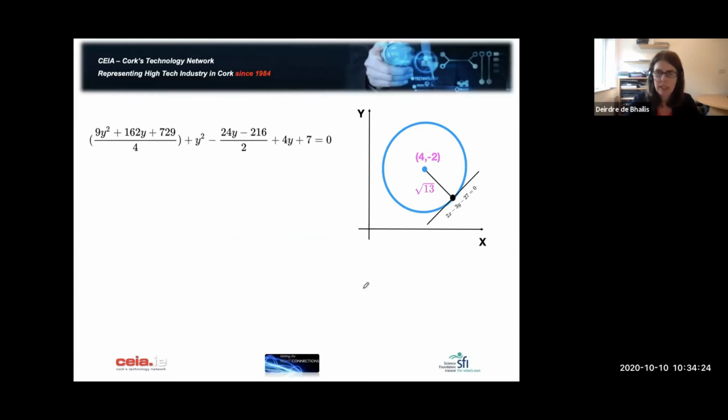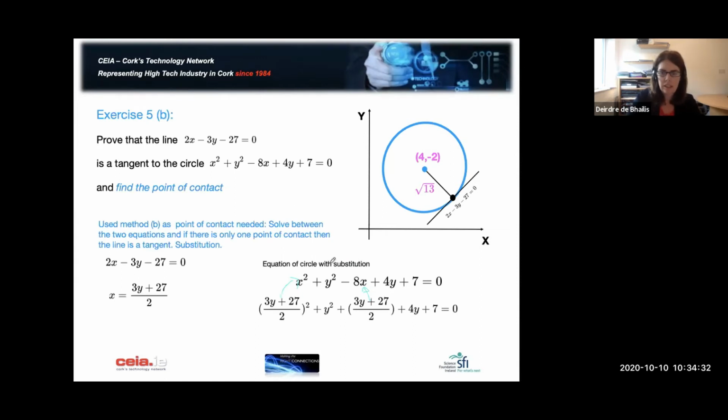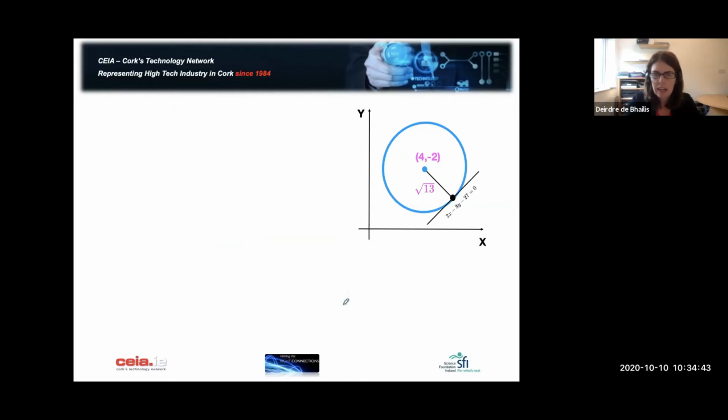I'm multiplying out the square, and oh actually, I had a little error in the notes. I will be sending the notes out with solutions afterwards and I will correct it. I should have had that minus 8 in there. I have multiplied it out properly here, so we're okay in the rest of the notes.